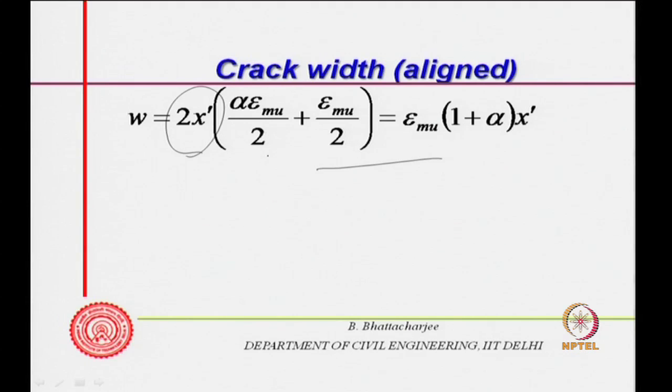It was 1 plus alpha. So, if I am trying to find the crack width, I can find it by multiplying by the length of this one. So, this is the crack width at failure.